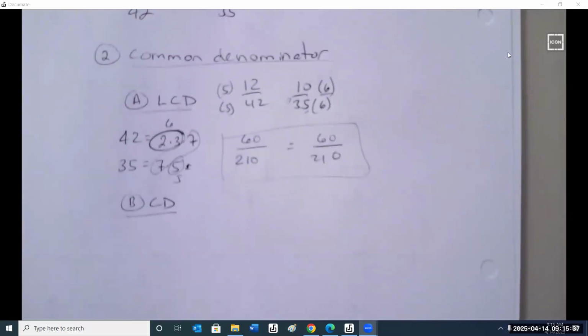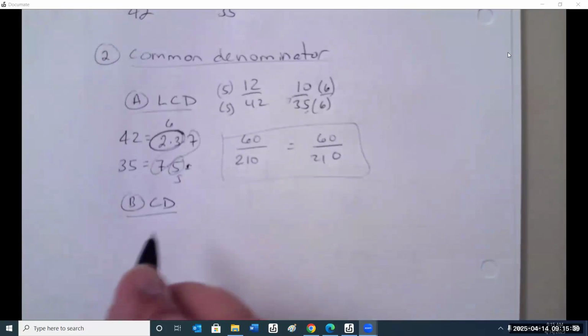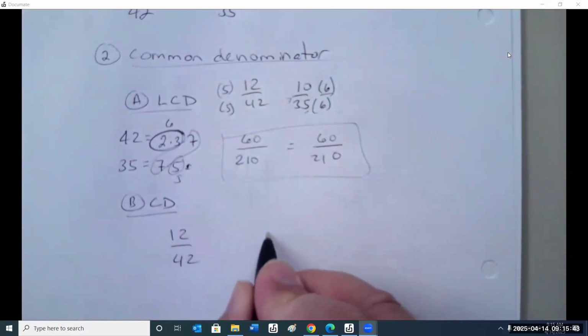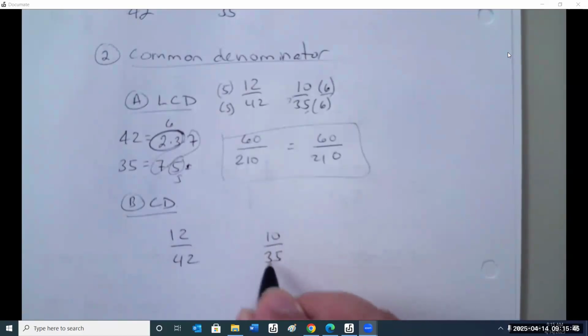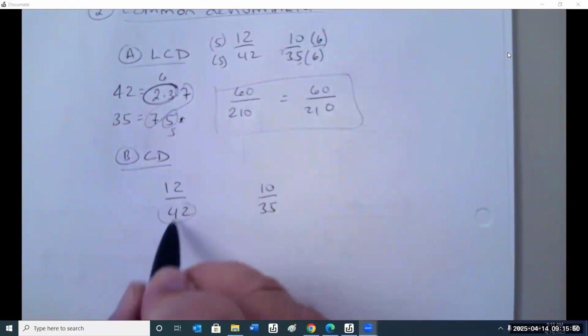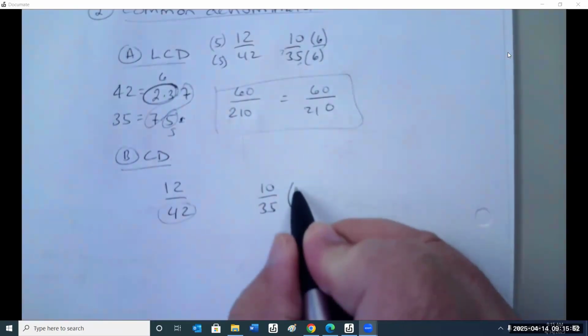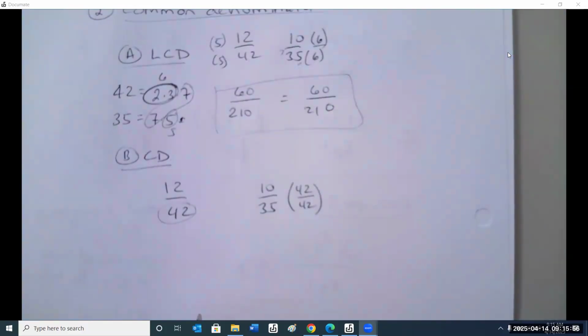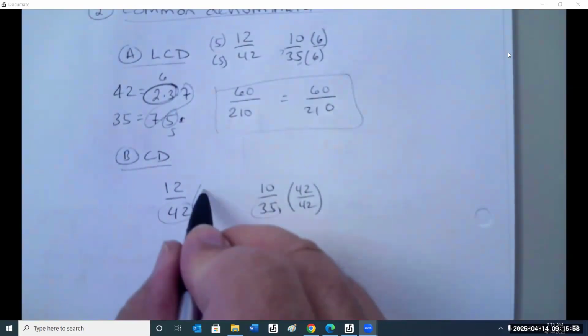Or the last thing we can do is I have 42 here, multiply it over here. I have 35 here, multiply it here.